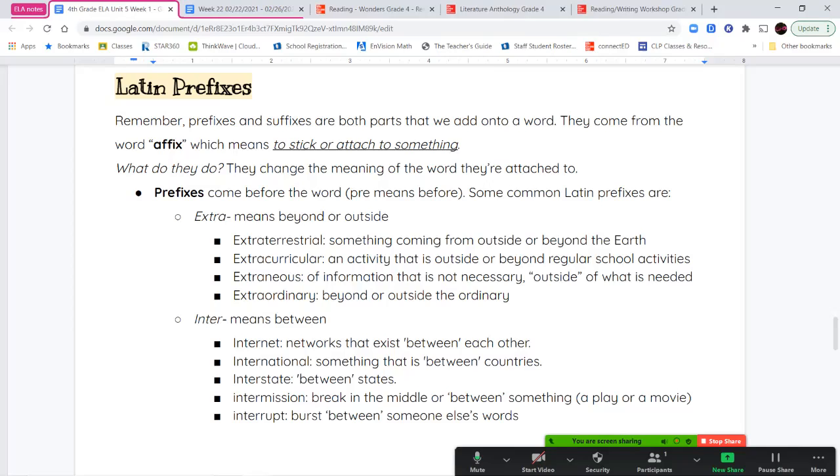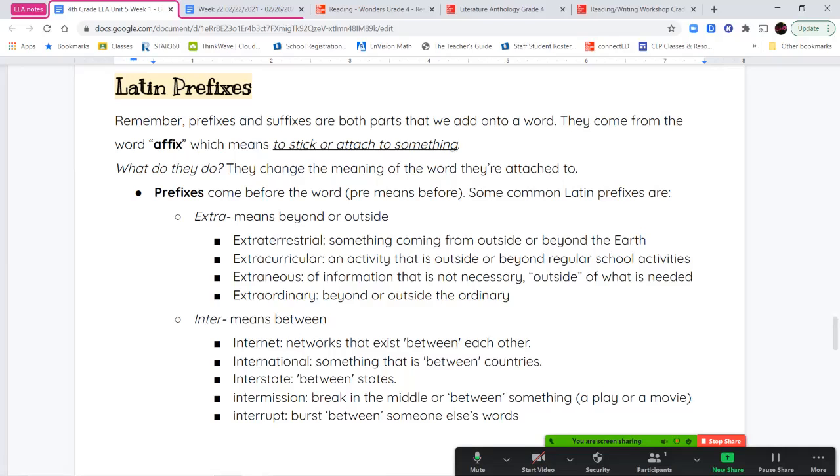If we're talking about something that is extraneous, that means it's unnecessary. Extraneous is talking about information that is not necessary or outside what is needed. So if, for example, you're telling me about falling outside on the playground. You run up to me and you say, Miss Dana, I was outside on the playground and the grass was really green and the sun was really bright and there was a stick in the way and I tripped and fell.